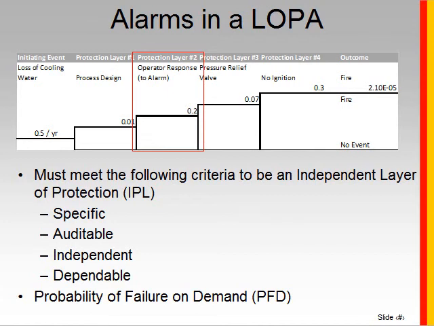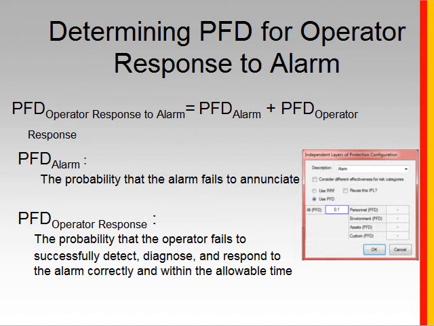And finally, it needs to be dependable. The likelihood that the alarm will be triggered and the operator will respond effectively needs to be high. And of course, its key design parameter is the probability of failure on demand, which is essentially the likelihood that the operator or the alarm is going to fail to be addressed appropriately in time.